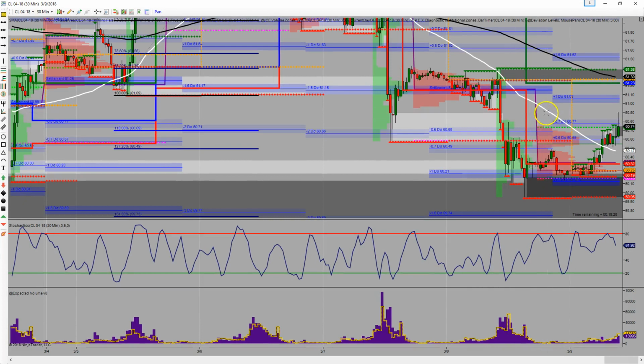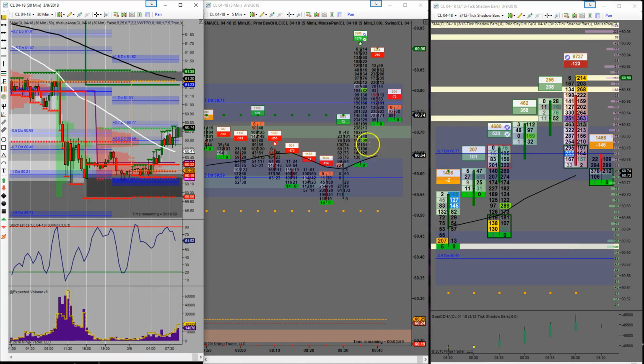Okay, I'm not seeing anything to validate that looking left just yet, except maybe the 1 deviation line here. Okay. So if this turns into a long wick, then we may get some type of turnaround. But yeah, I'm not seeing anything, so I'm going to hang on long.